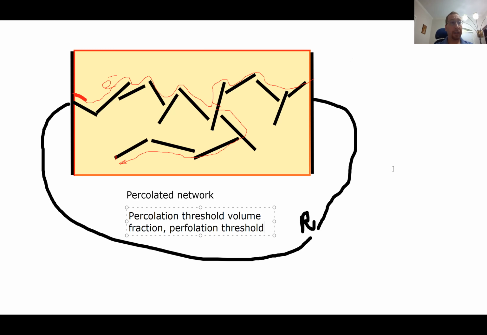Now, the other thing that is very important to consider is that imagine I zoom in on this region.